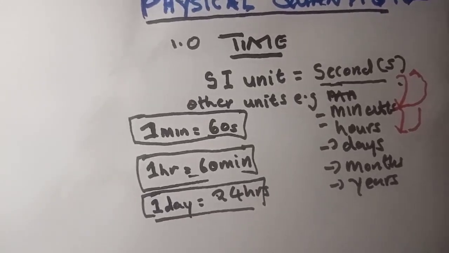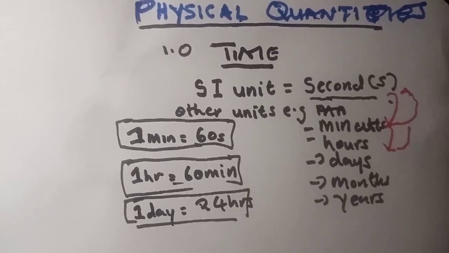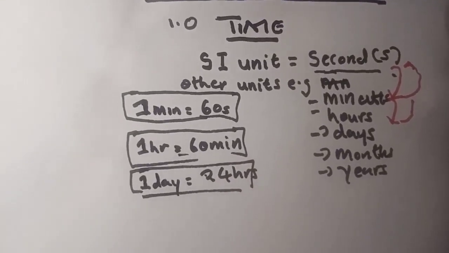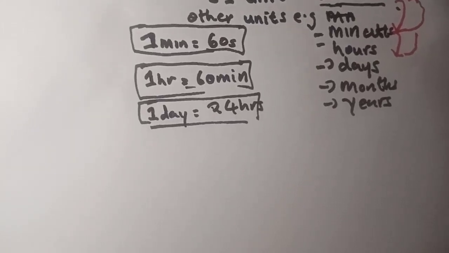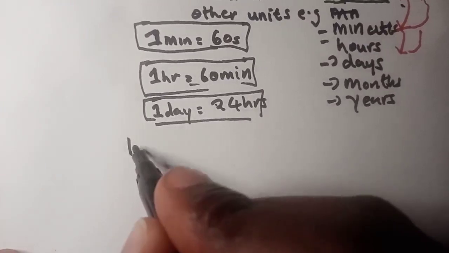For every physical quantity, it is measured using an instrument, and so we have instruments that are used to measure time.